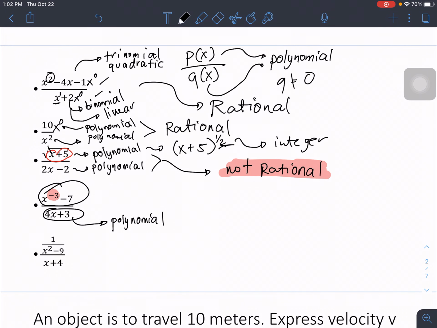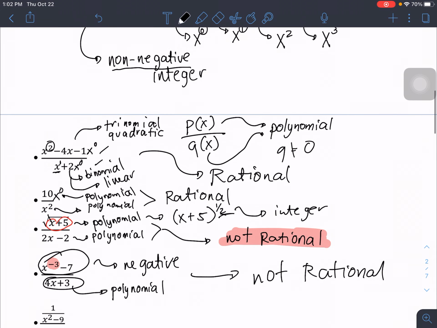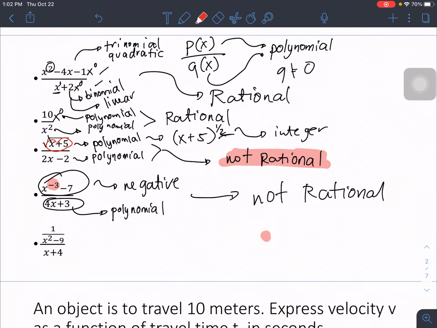Even though the exponent is an integer, exponent is still negative. We could not consider this one as a polynomial. So overall, this will be not rational also. Okay? So this is a not rational function.